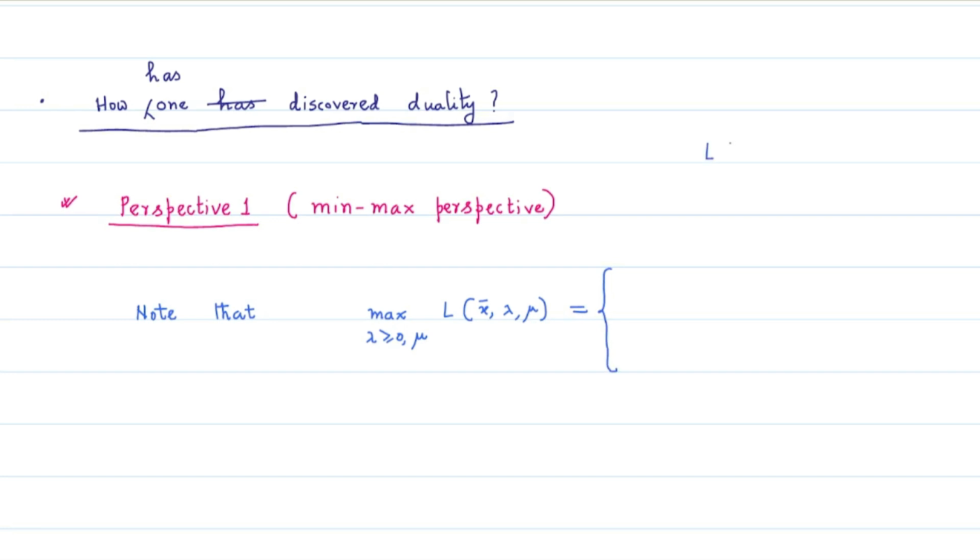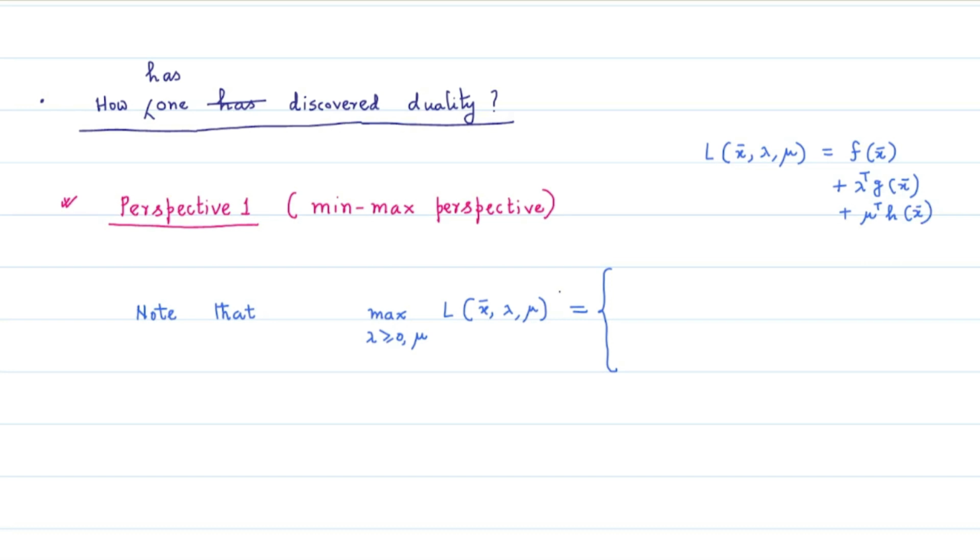The expression of L(x bar, lambda, mu) is f(x bar) plus lambda transpose g(x bar) plus mu transpose h(x bar).